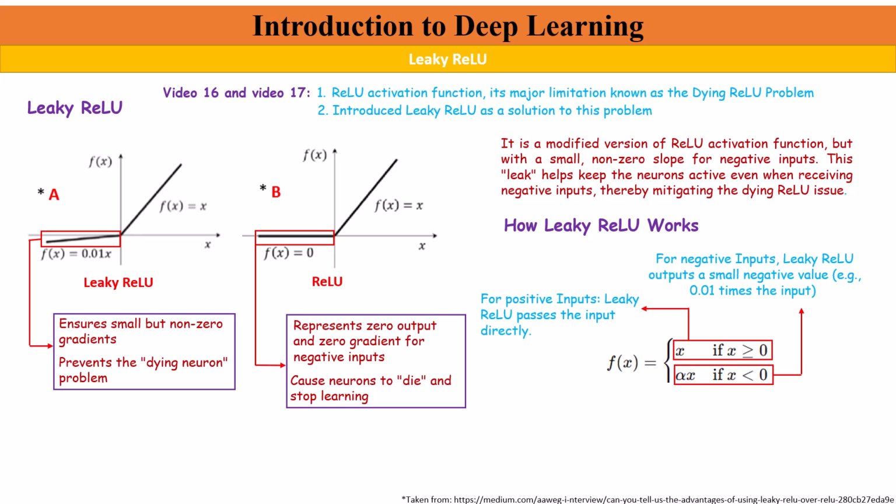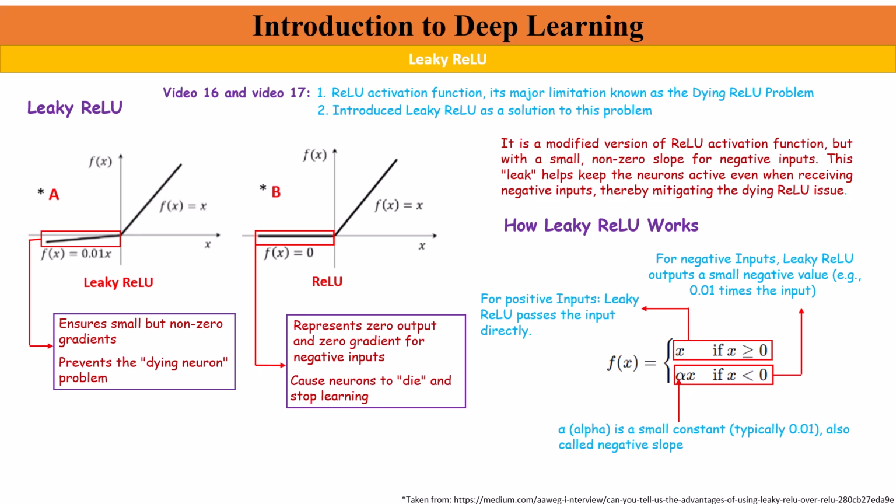Alpha is a small constant, typically 0.01, also called the negative slope. This small slope allows gradients to flow even when the input is negative, which keeps the neurons alive during backpropagation.